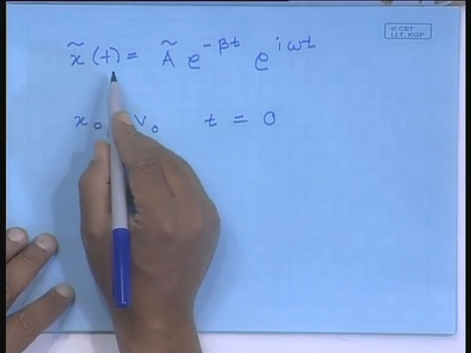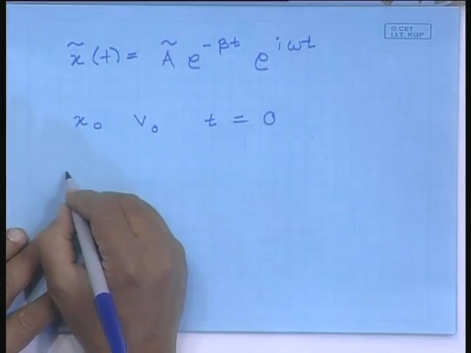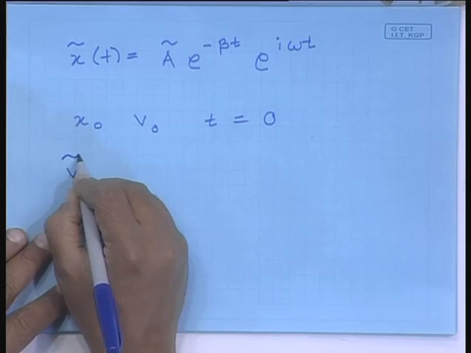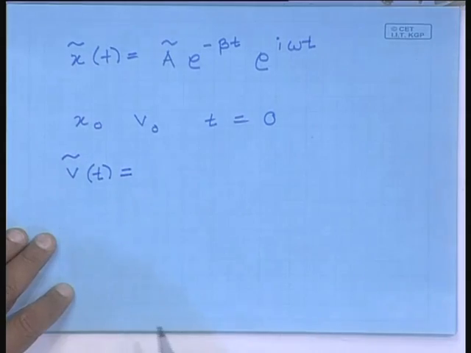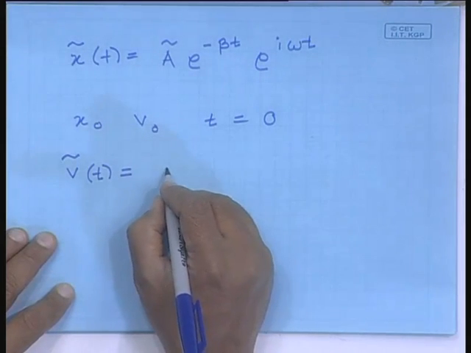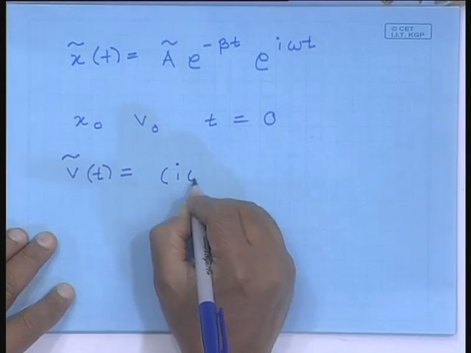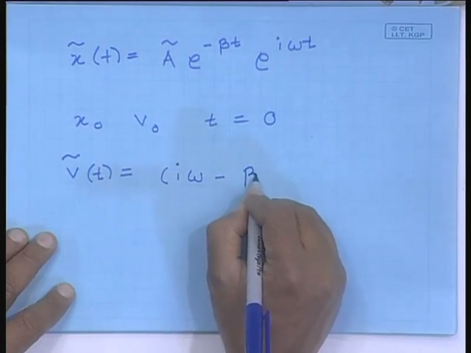If you differentiate this, we have velocity v tilde, which is a function of time, and the whole expression essentially gets multiplied by a factor i omega minus beta.